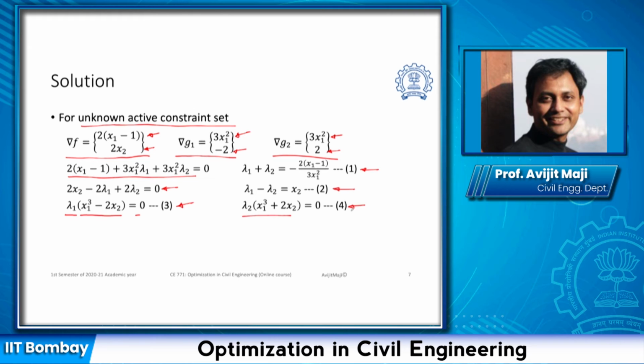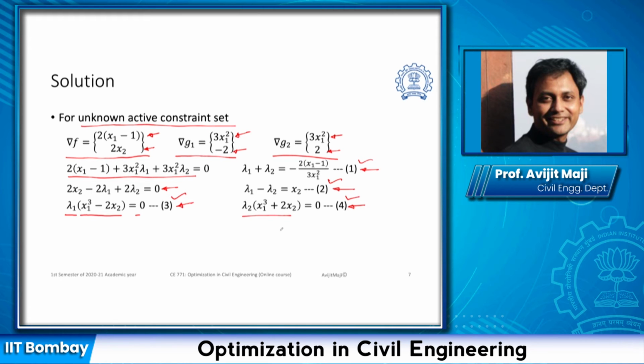We had one more condition, which was that my constraint value should be met at the optimum point. We'll use that in the next process. So now with this understanding we have 4 equations, 1, 2, 3 and 4.